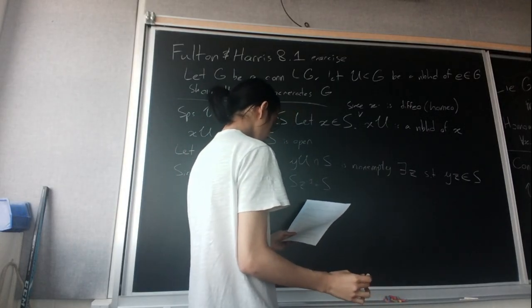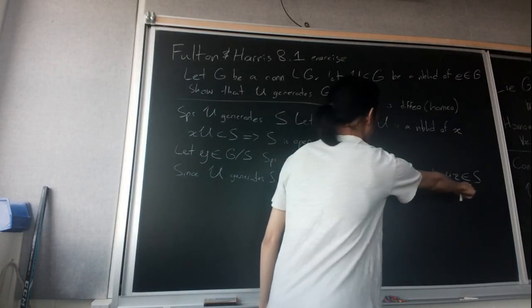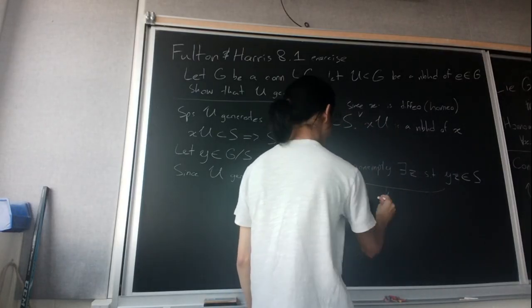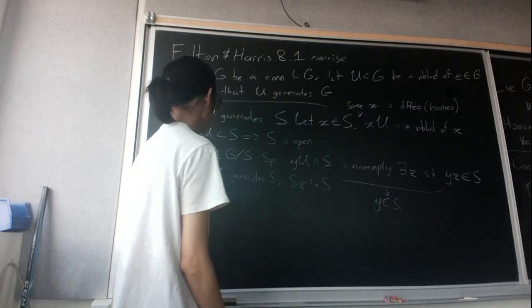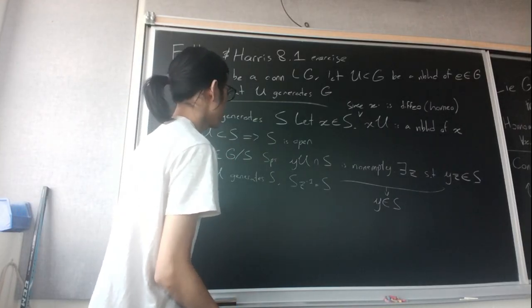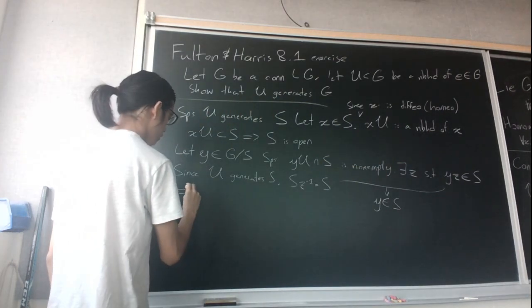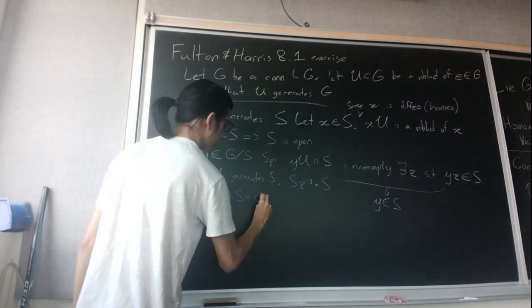So since SZ inverse is in S, and YZ is in S, these two things combined lead you to the conclusion that Y is in S, but Y was not in S. So there's our contradiction. Therefore, YU intersect S is empty.